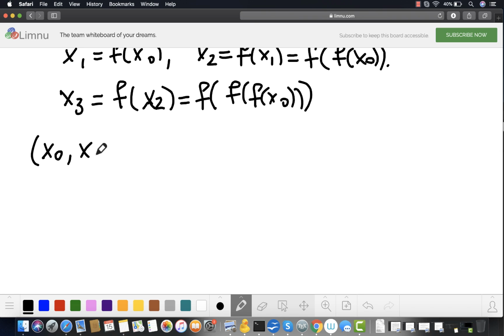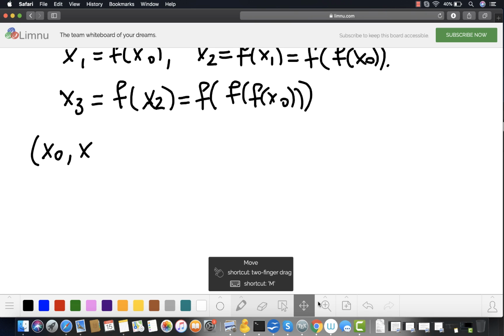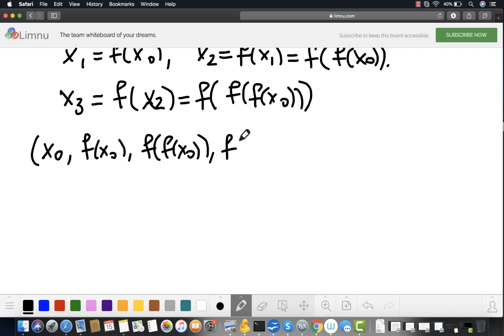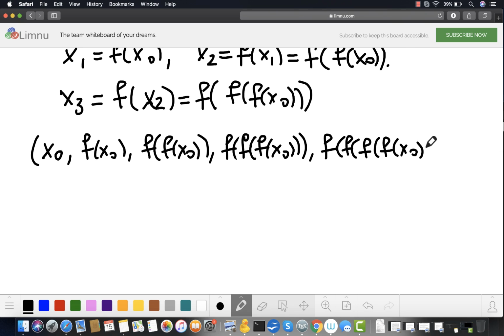Then we have x sub 1, which is f of x0. Then my next term is f of f of x0, and my next term is f of the previous term, so f of f of f of x0, and then I have f applied 4 times, 0, 1, 2, 3, 4, and so on.